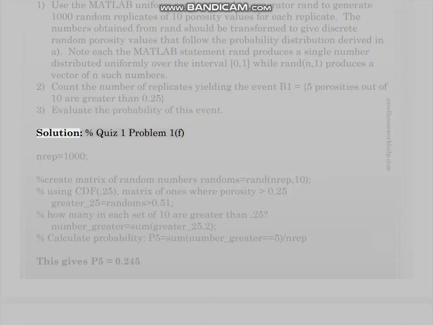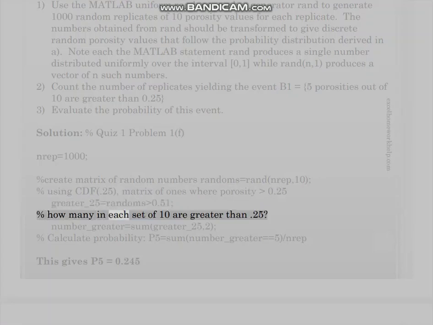Solution. Quiz 1 Problem 1 F. nrep equals 1000. Percent create matrix of random numbers: randoms equals rand(nrep, 10). Percent using CDF, 0.25, matrix of ones where porosity greater than 0.25: greater_25 equals randoms greater than 0.51.